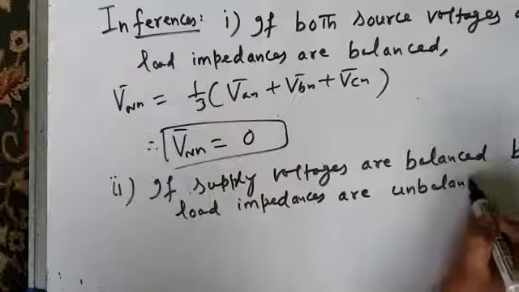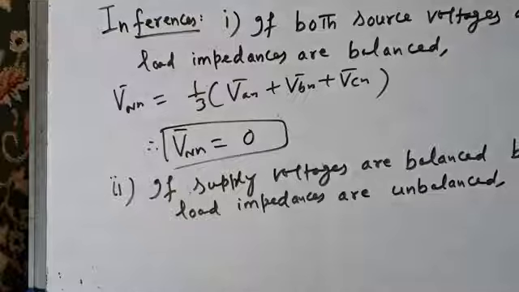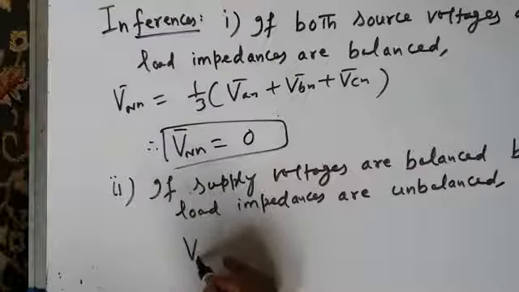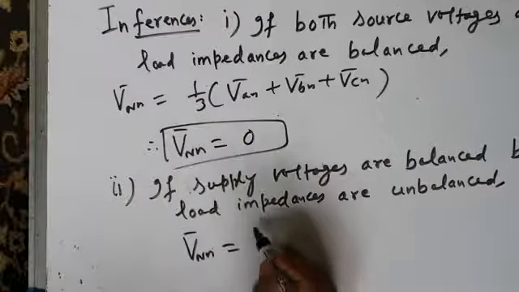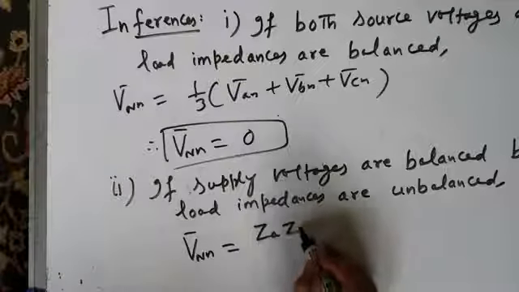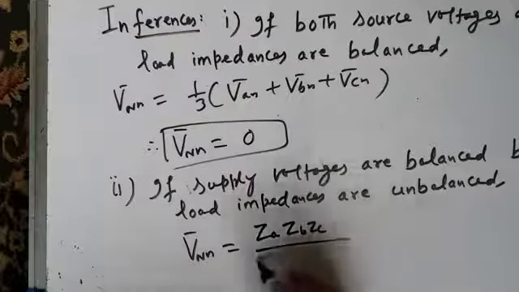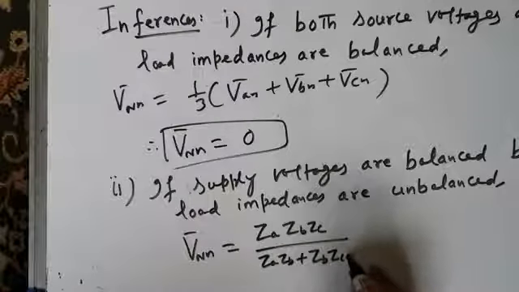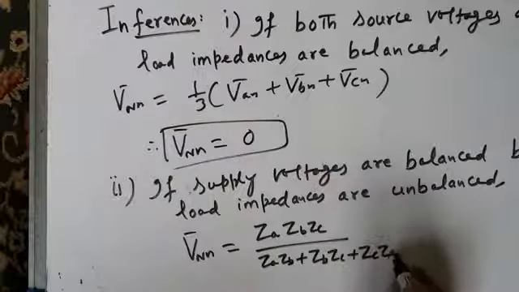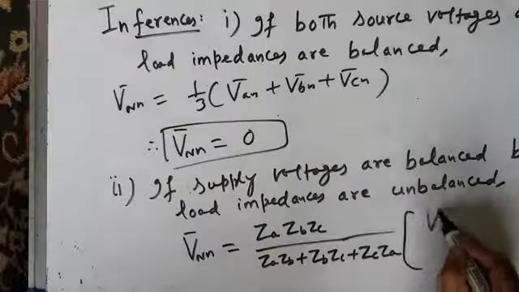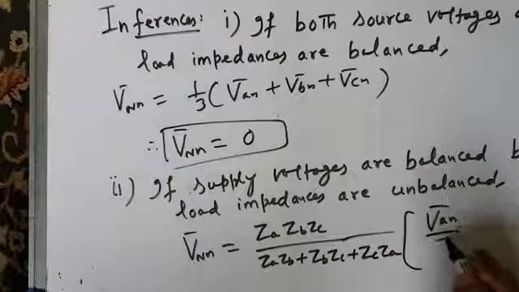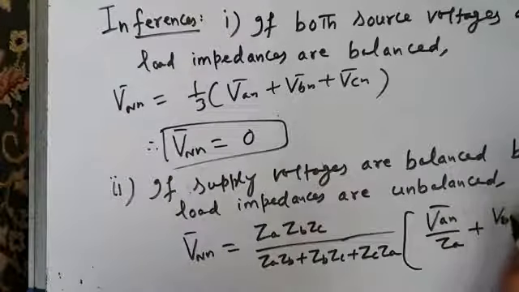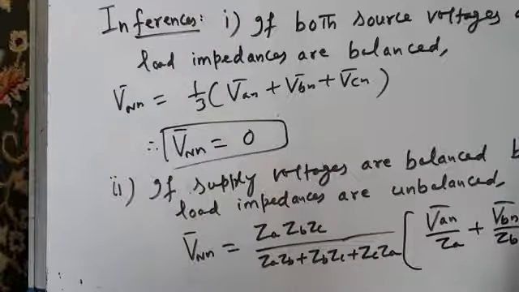Source voltages are balanced but load impedances are unbalanced. In that case, what will be neutral to neutral voltage? Neutral to neutral voltage is given by ZA, ZB, ZC divided by ZA, ZB plus ZB, ZC plus ZC, ZA into VAN by ZA plus VBN by ZB plus VCN by ZC.